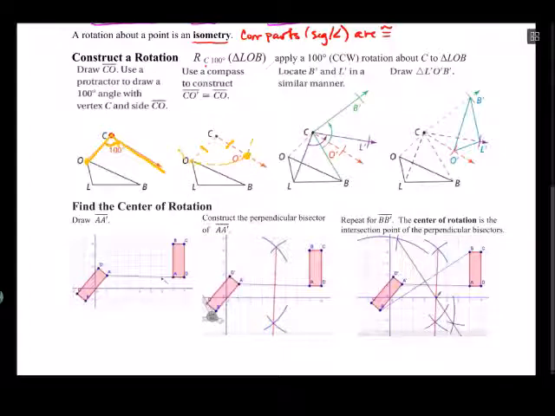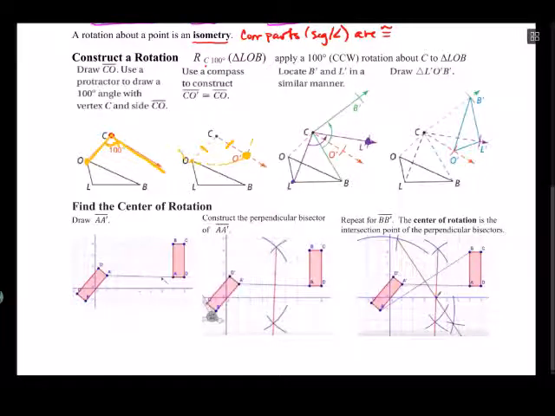And I just mark O prime. There's my first image point. And then we just continue on, repeat for point L, draw CL, use your protractor to measure a 100-degree angle, use your compass to measure CL prime.